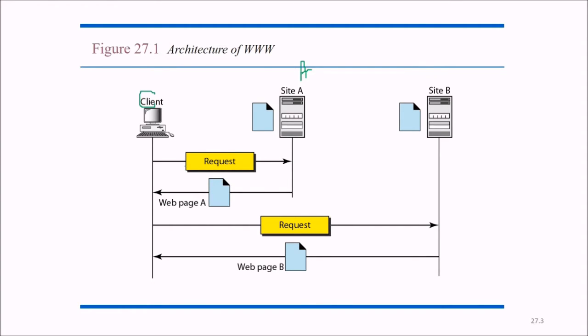Similarly, the client may request some other content from site B, and World Wide Web makes it possible and enables this kind of communication between a client and a server to request, view and process these web pages on the browser.